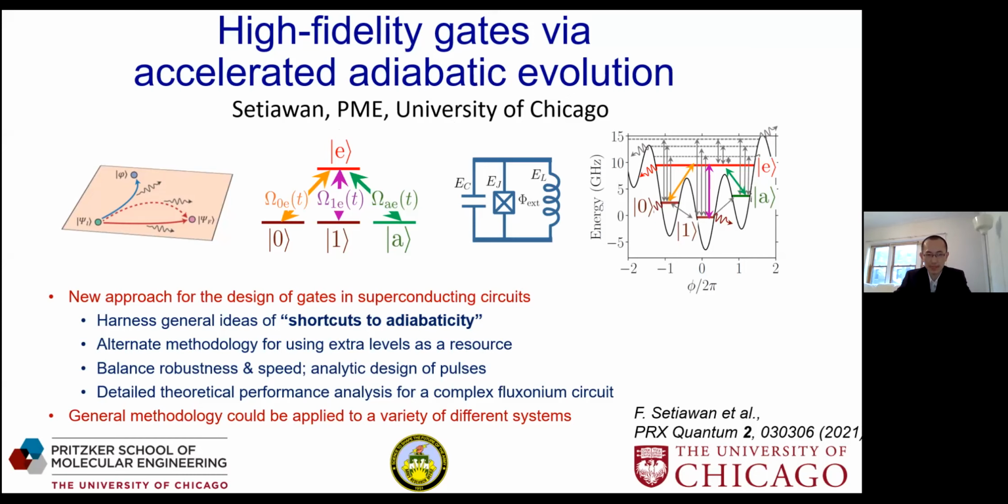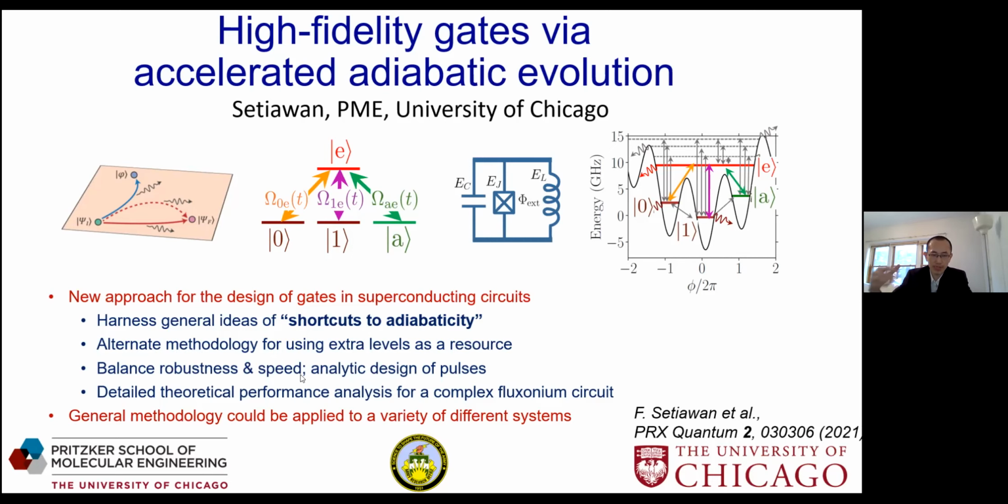On the surface, it looks like an attractive approach, where it gives us the ability to analytically design the pulse on one hand, and on the other hand, it also gives us a trade-off between robustness and speed.